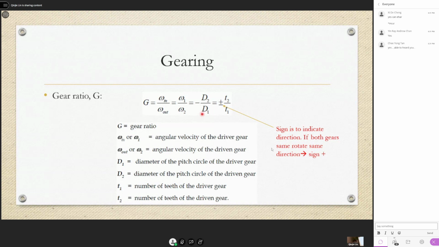You think about it: this diameter will be opposite from the angular velocity, in terms of the proportion of the magnitude. The bigger your gear goes, the slower it should rotate. The smaller your gear goes, the faster it should rotate.